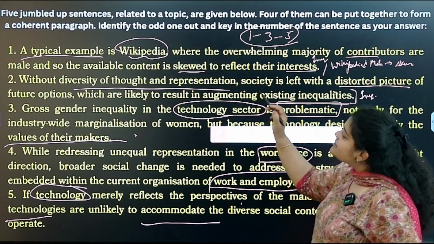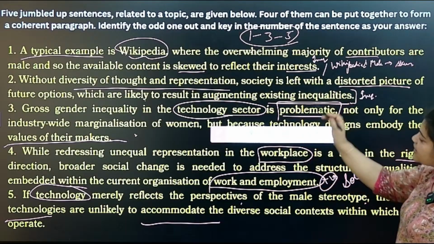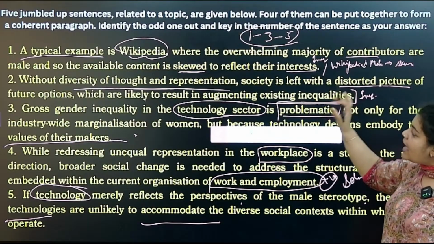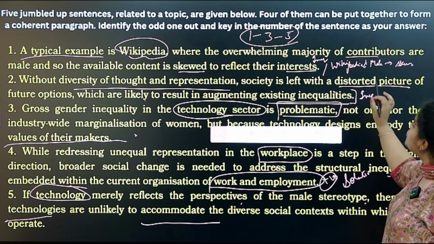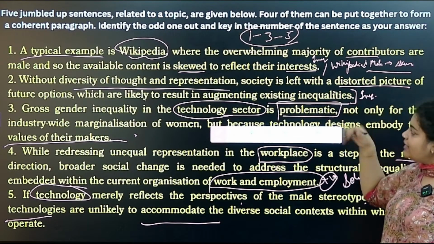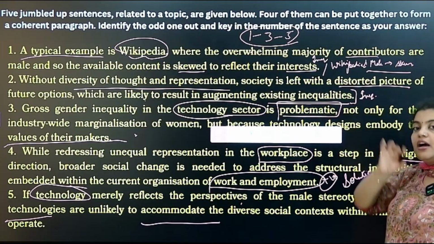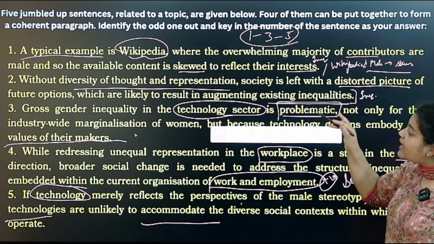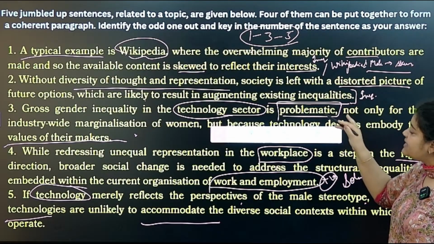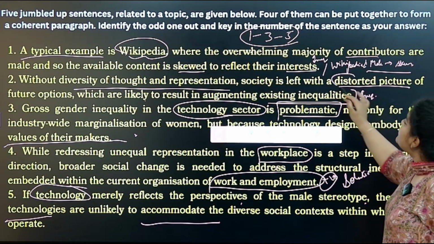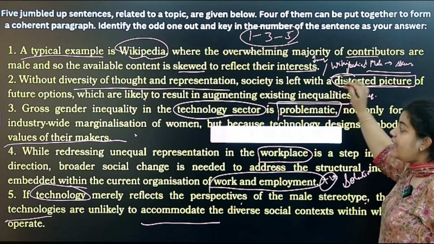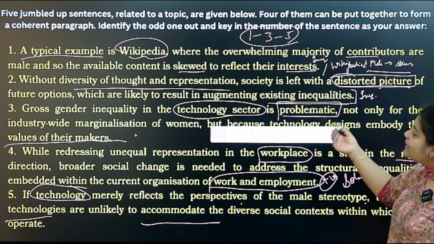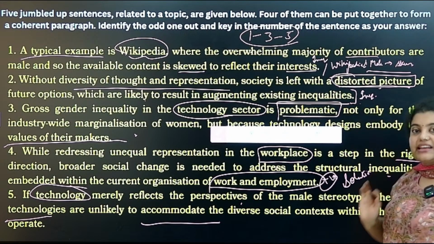The first sentence is talking about a typical example, Wikipedia, where the overwhelming majority of contributors are male and so the available content is skewed to reflect their interests. So technology, Wikipedia, male, and proper interest is not coming through. Now, without diversity of thought and representation, society is left with a distorted picture of future options, which are likely to result in augmenting existing inequality.